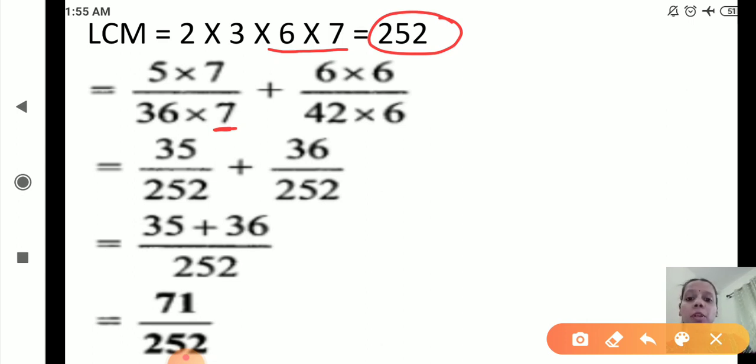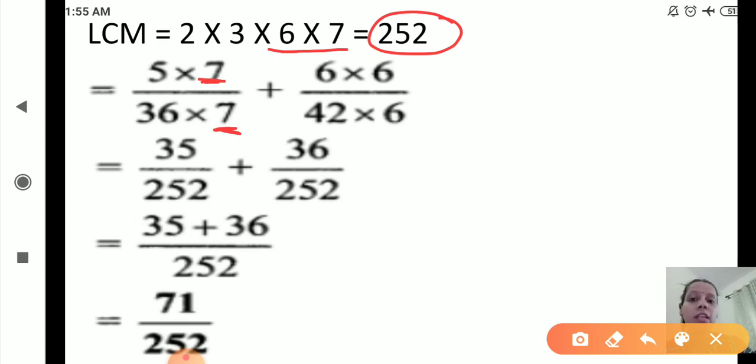Obviously you will get 252 when you multiply it by 7. The same number you will multiply in the numerator also. I hope you are clear till here. So the first number, 5 upon 36, you will multiply by 7 in the numerator and in the denominator.